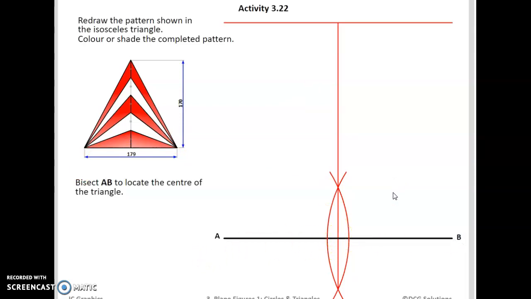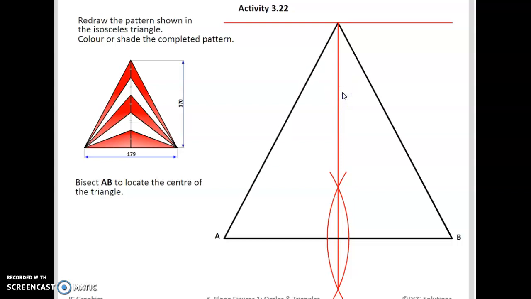We don't have to bisect the line, but I will be showing you how to bisect a line and an angle in our next exercise. Having got that, that's halfway here, 90, bring it up here, it's 170, that's our apex there. So we draw that line, it's black, and that one also. And we have the center line.